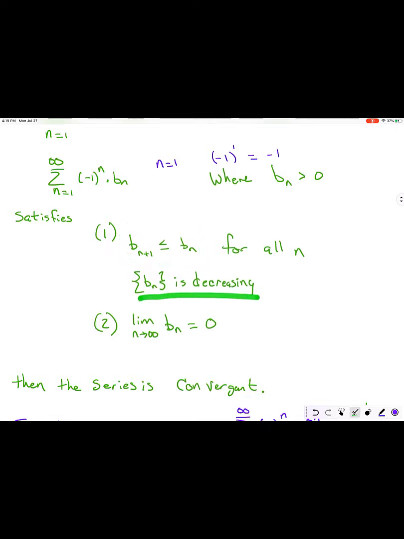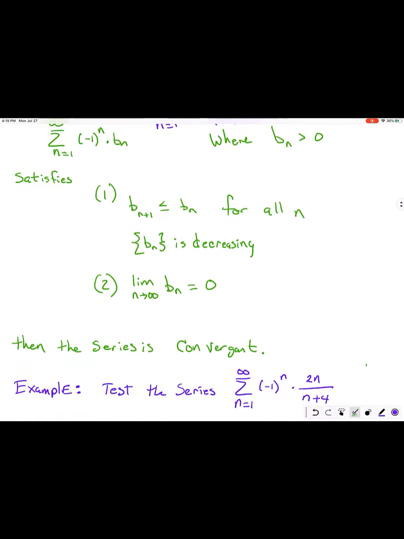We say that the sequence b sub n is decreasing. The second condition is that the limit as n approaches infinity of b sub n is equal to 0. If it satisfies both of those conditions, then the series is convergent.